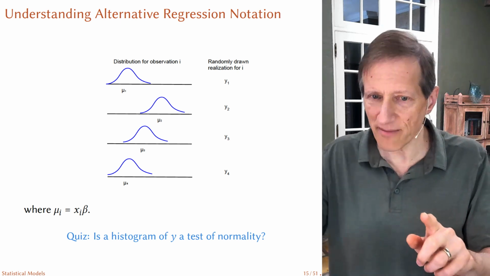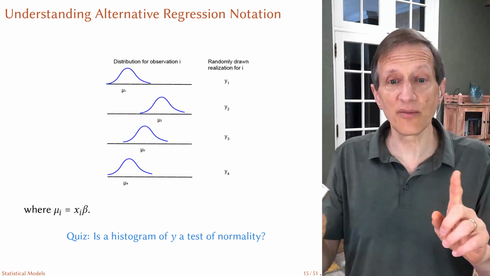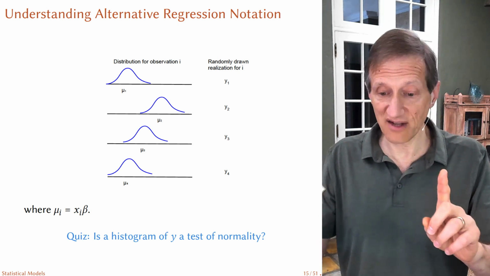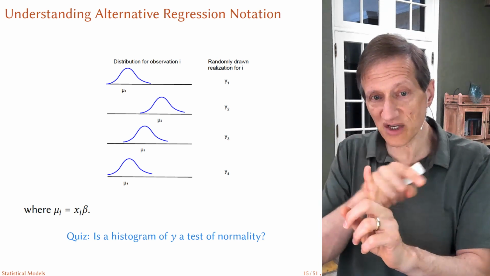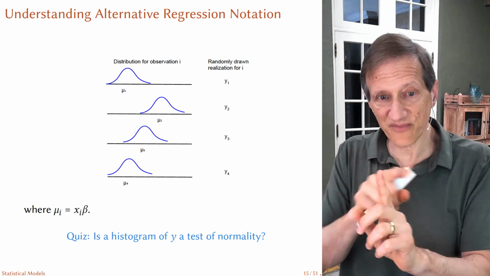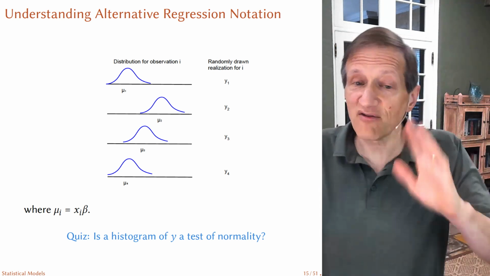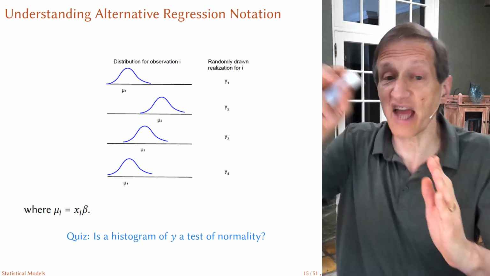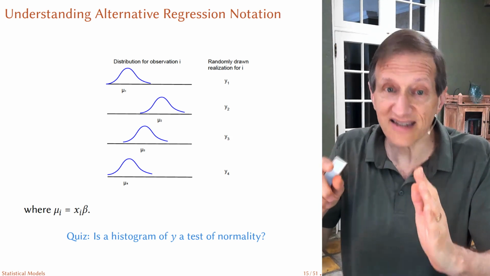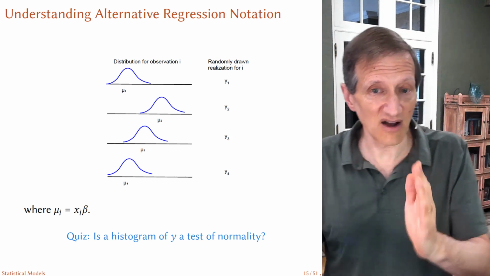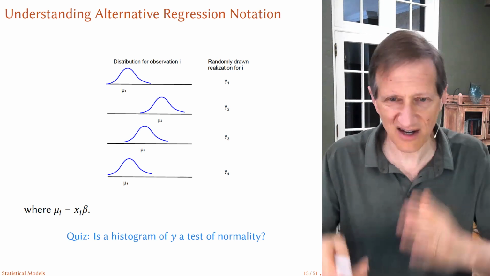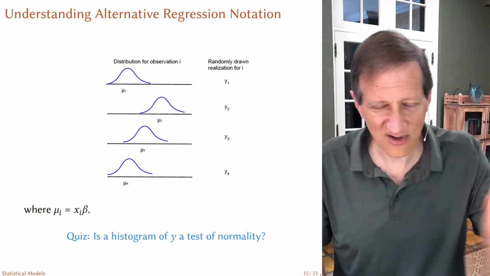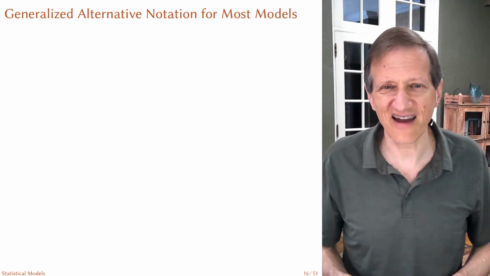So y is bimodal, but conditional upon x, after you adjust for x, the two distributions come together and you'll see one little distribution. So a histogram of y alone, not paying attention to x, that was the mistake, is not a good measure of normality. I asked you that question just to see whether we understand it. I'd go back and make sure you convince yourselves that you understand that problem.